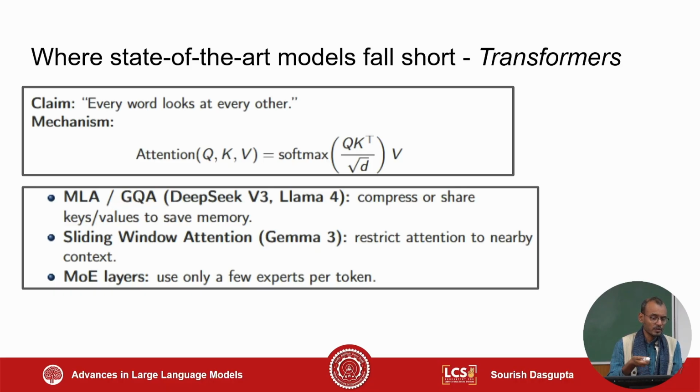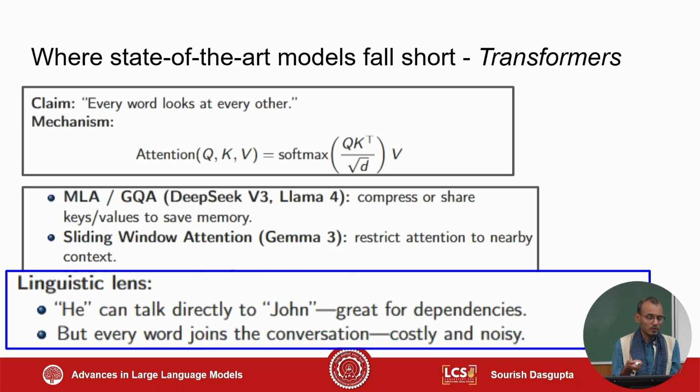If you look at MoE, or mixture of experts layers, you use only a few experts per token, which is the actual active learnable, and the active parameters are a lot less than the overall parameters, and you try to make sure that every expert gets to understand which query to be given to whom. So the linguistic lens would be like, he can talk directly to John, but every word joins the conversation and can dilute the effect. So it's costly, and it can potentially be noisy.